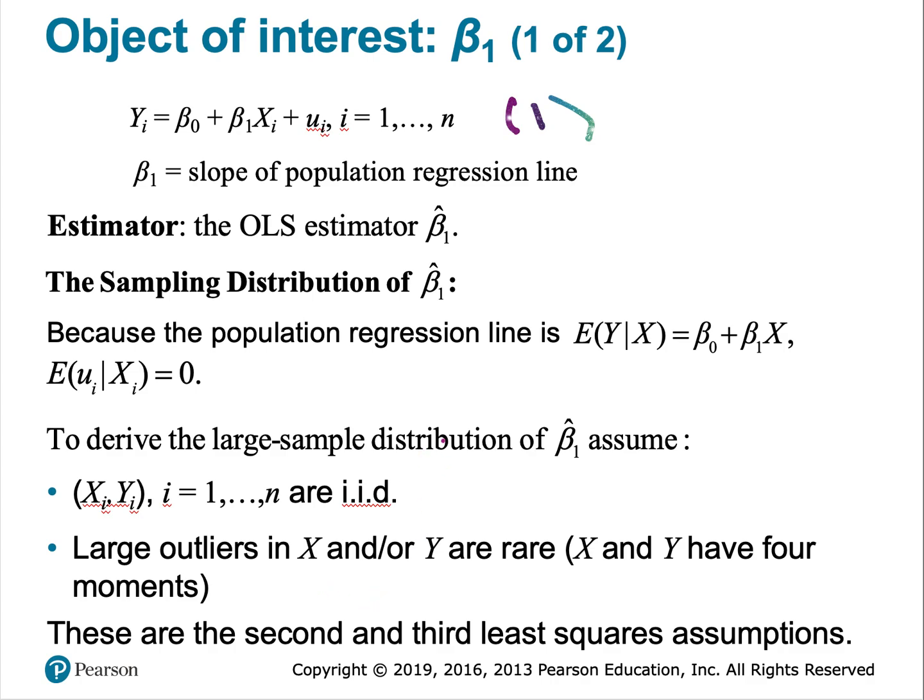So we have the second and third least squares assumptions, right? This is least squares assumption 2. This is least squares assumption 3. Up here, we are assuming number 1, right? Expected value of ui given xi is 0. That we cannot predict the value of the OLS residual given the value of x.